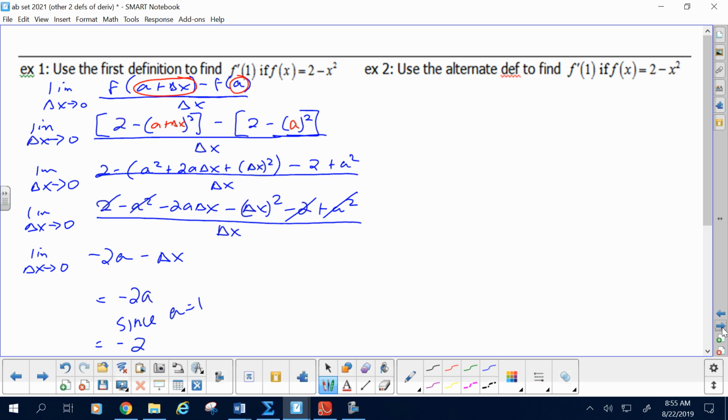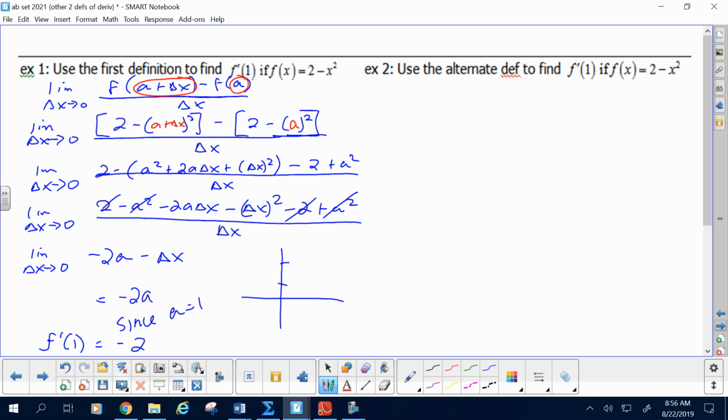What did I find there, label-wise? What is that equal to? Notation-wise, I just found f prime at 1. Let's go graphically and make sure that makes sense. What do you know about the graph of 2 minus x squared? It's a parabola opening downward, shifted up 2.